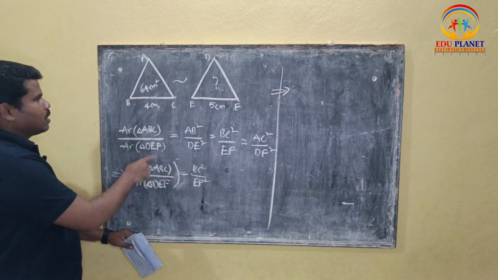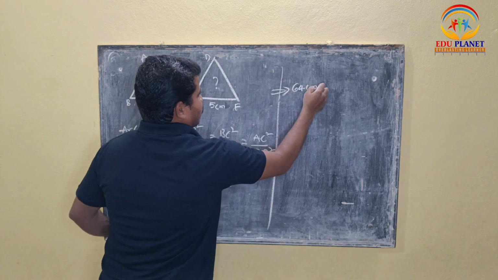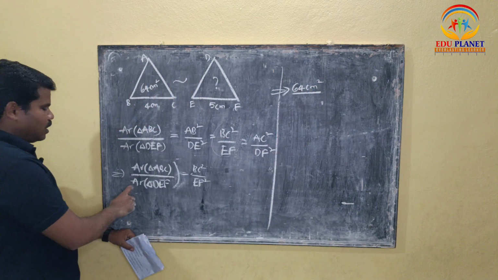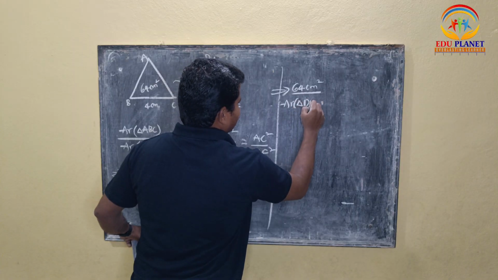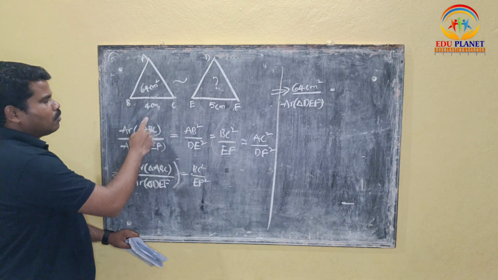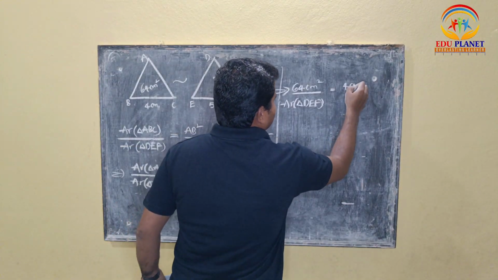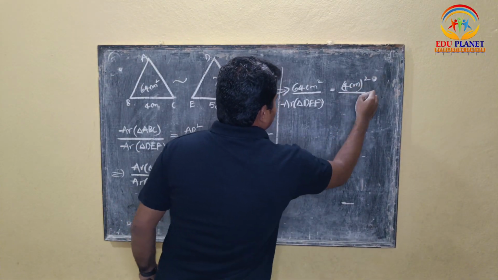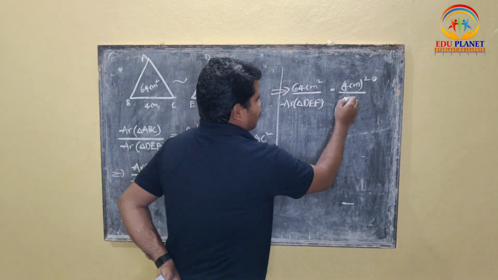Area of triangle ABC they have already mentioned, 64 centimeter square, divided by the area of triangle DEF, the unknown value, as it is you can copy, equals BC square. BC value is 4 centimeter, so 4 centimeter whole square, divided by EF square, EF value 5 centimeter square.